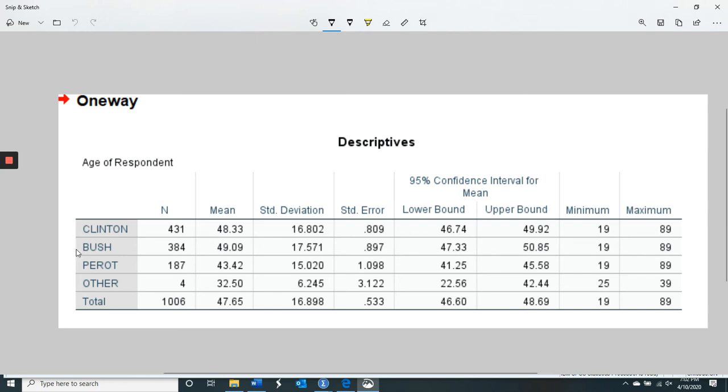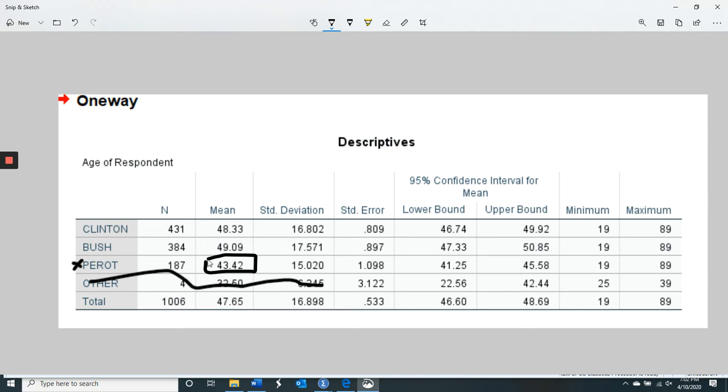So again, we know that Perot, let me make sure it's marking. We know that Perot is different than the other two. Again, we're going to ignore the other. So Perot is different from Clinton, and Perot is different from Bush. And those two people, Clinton and Bush, those voters do not differ in terms of age. And that makes sense here. Look at this.